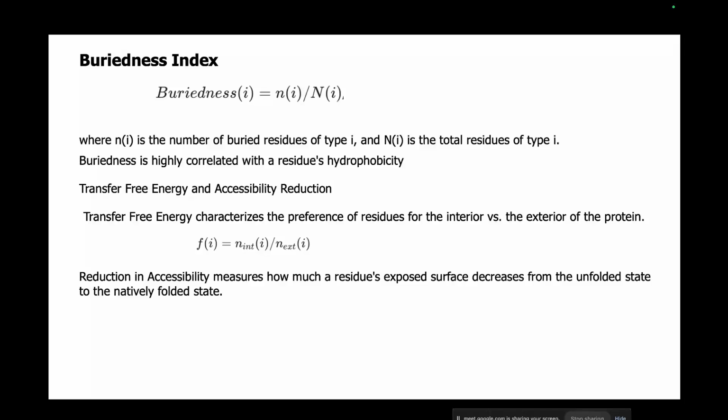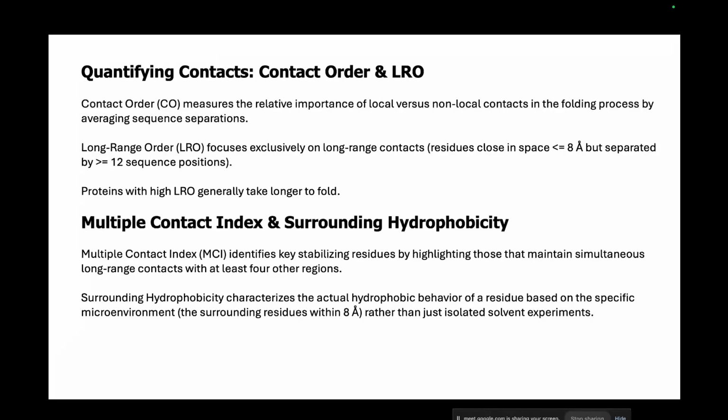So that is how we calculate the free energy. If you compare two different structures with two different buriedness indexes, you can calculate the Gibbs free energy for a particular set of residues. The state with lower Gibbs free energy is more preferred than the one with higher Gibbs energy.